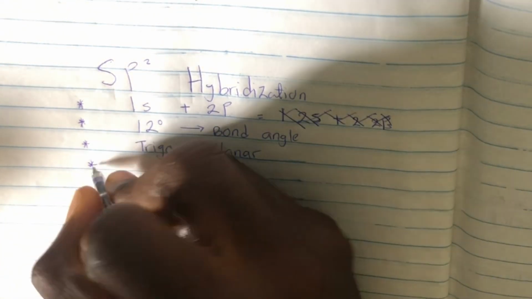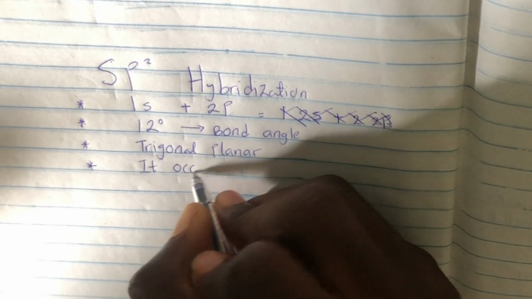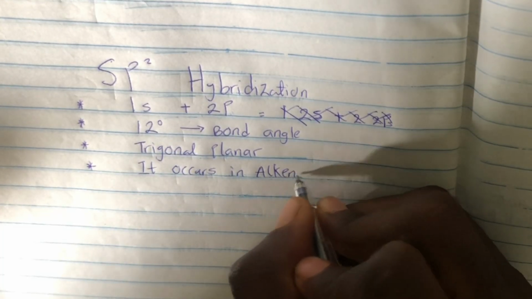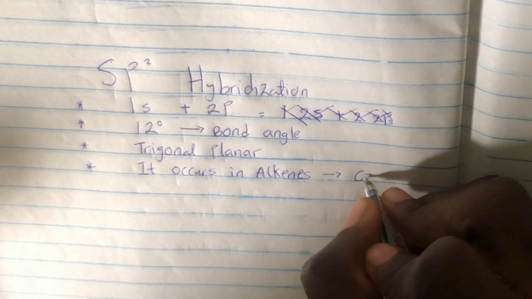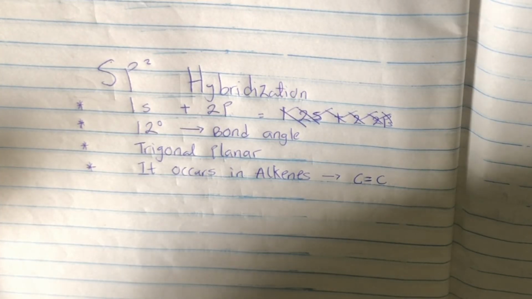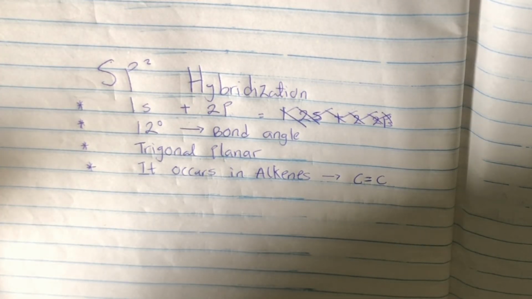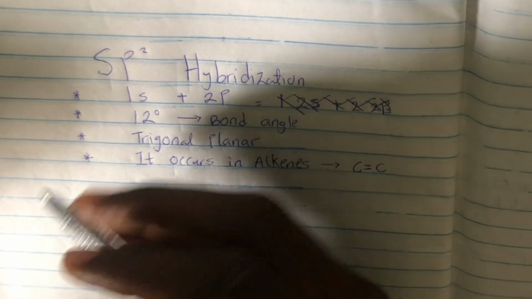And this hybridization occurs in alkenes, the double bonded hydrocarbons. So when we talk about ethene, propene, butene, benzene, all those alkene hydrocarbons, the carbon there is sp2 hybridized.